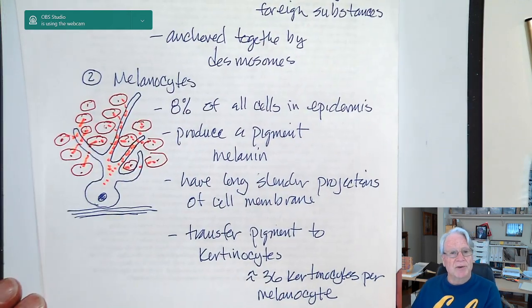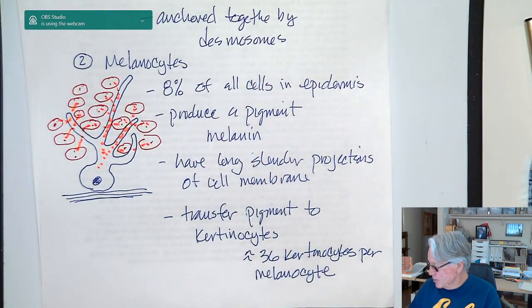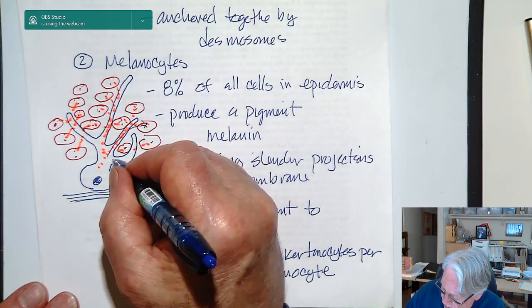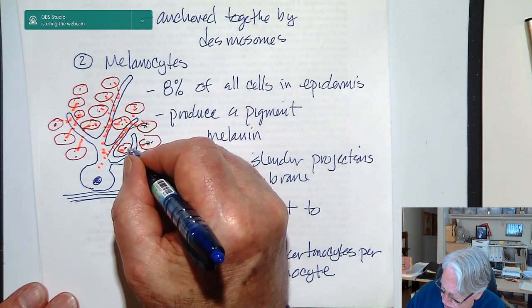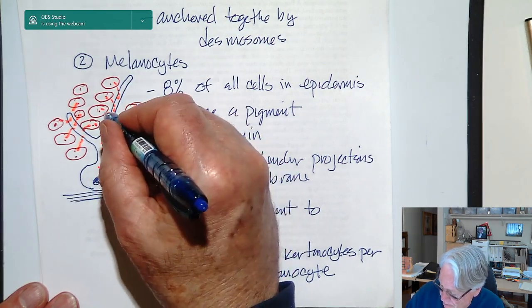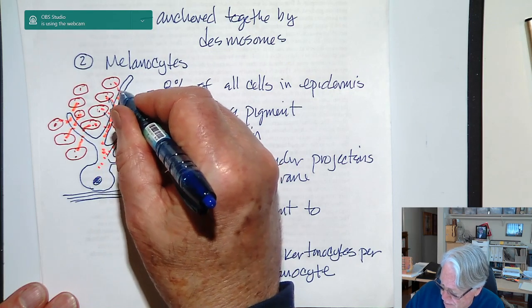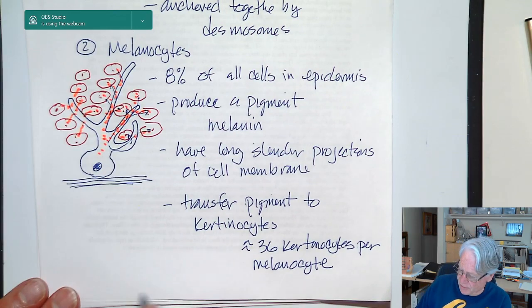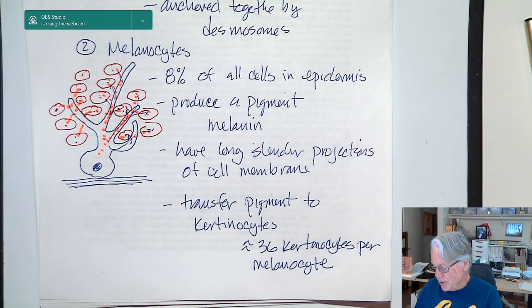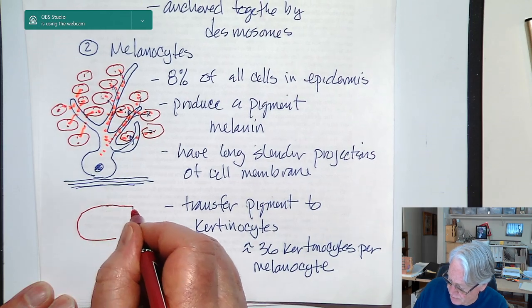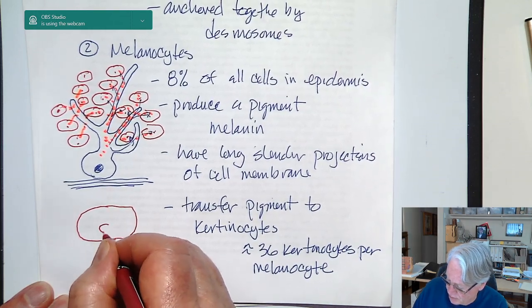And then what's going to happen, so we get this movement of this material into cells. And then if we look closely at one of these melanocytes, one of the keratinocytes, and here's my nucleus.